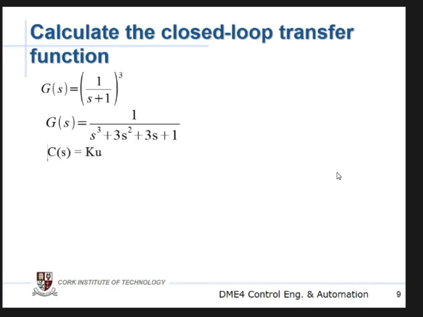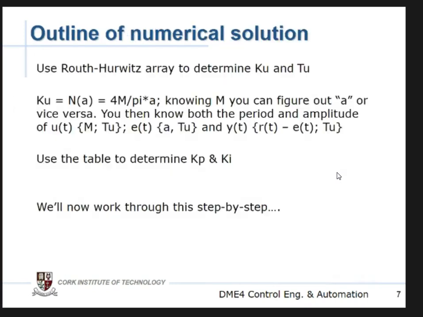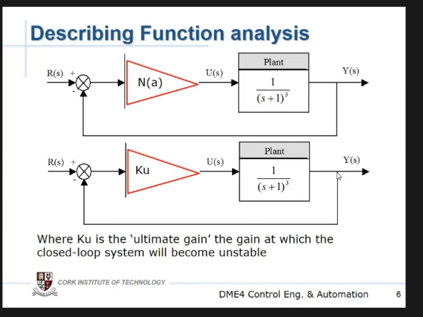We then need to calculate our closed loop transfer function, for the system that's shown on the bottom of slide 6. That's where I'm assuming I have increased the gain until it becomes unstable. So the proportional gain that I'm using is called Ku.